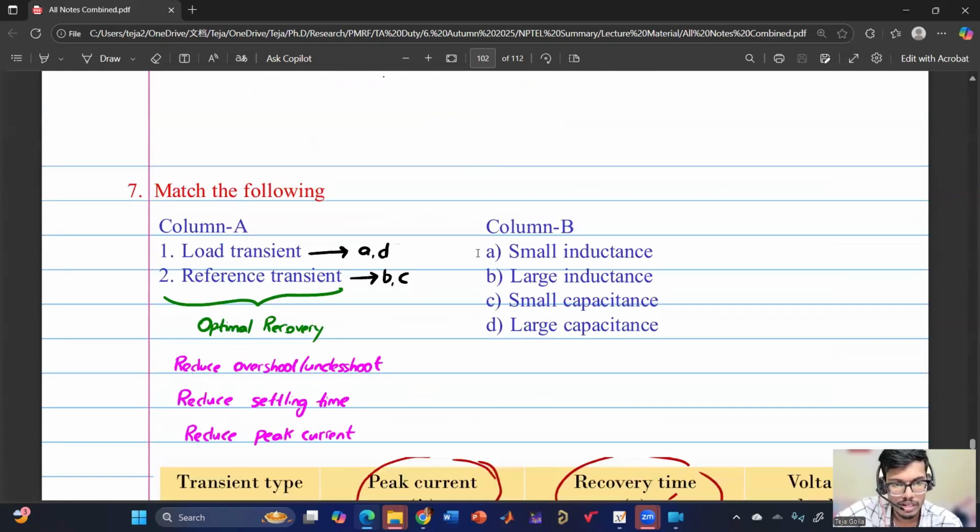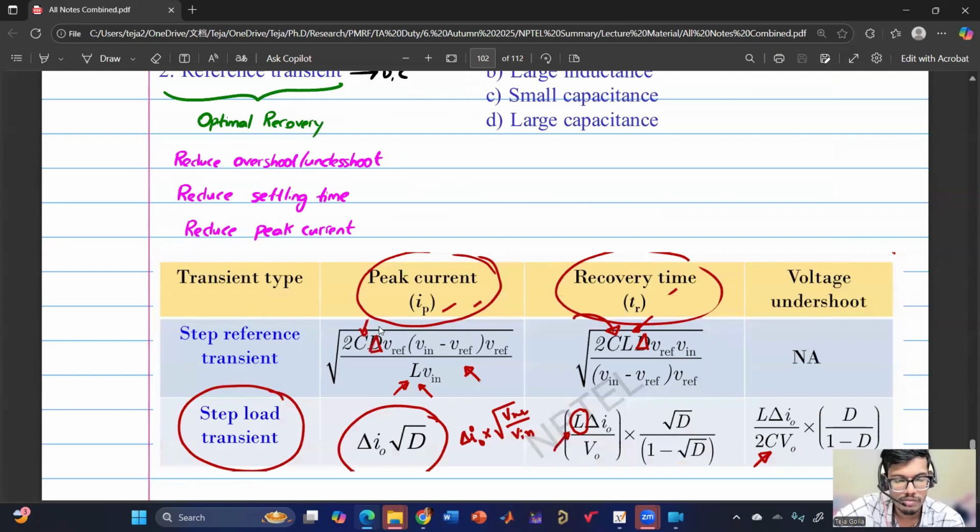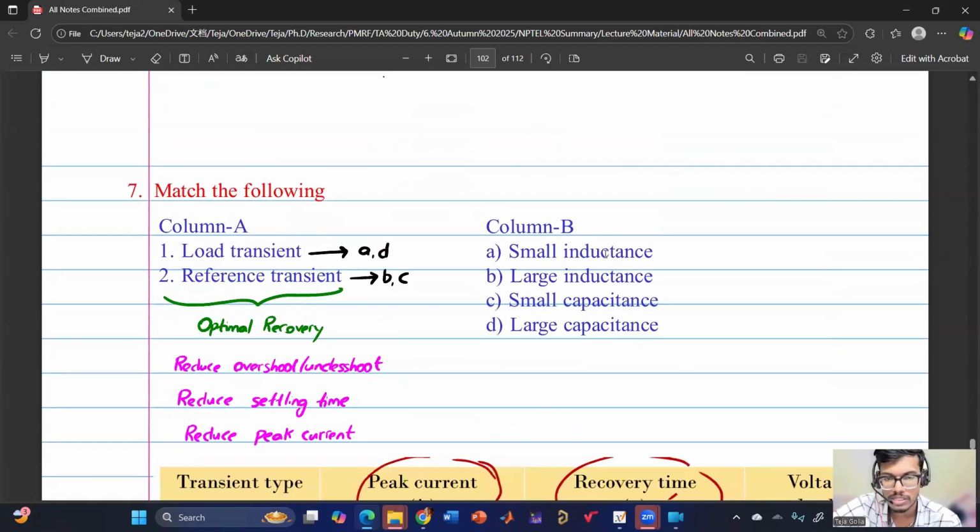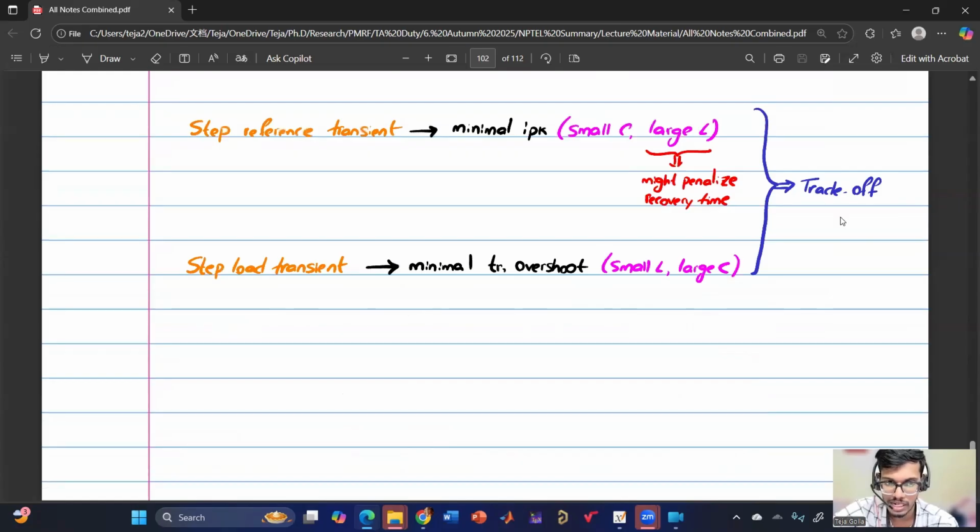And then in the final problem, we have seen for reference transient and step load transient, the requirements are based on small capacitance, large capacitance, or small inductance and large inductance. And we have seen that there is a trade-off. If you are targeting reference transient, you need small capacitance and large inductance, whereas for step load transient, you need small inductance and large capacitance. So there is a trade-off, because if you are optimizing one, then you are suffering with the other.